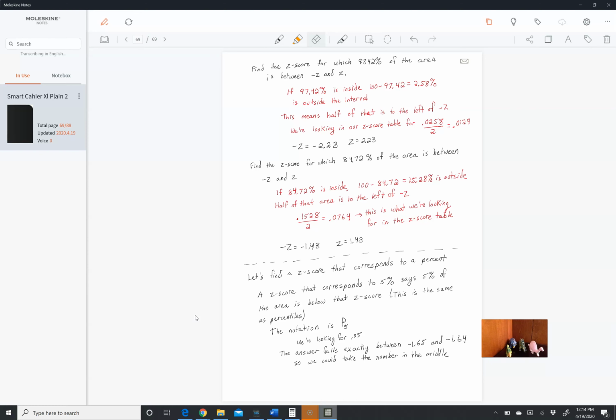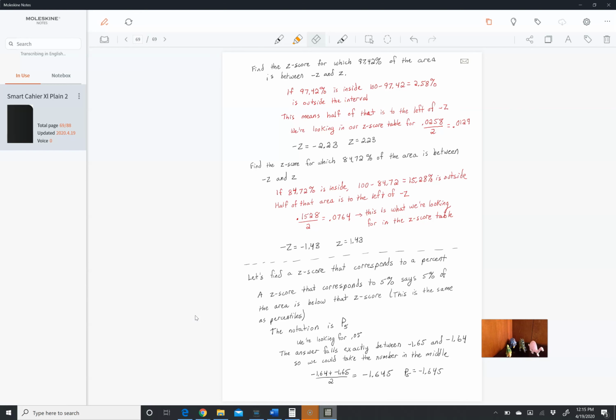To find the number in the middle, this is like the median, you just take the average. You don't have to do that work if you just see it as negative 1.645. So our P5 is negative 1.645.